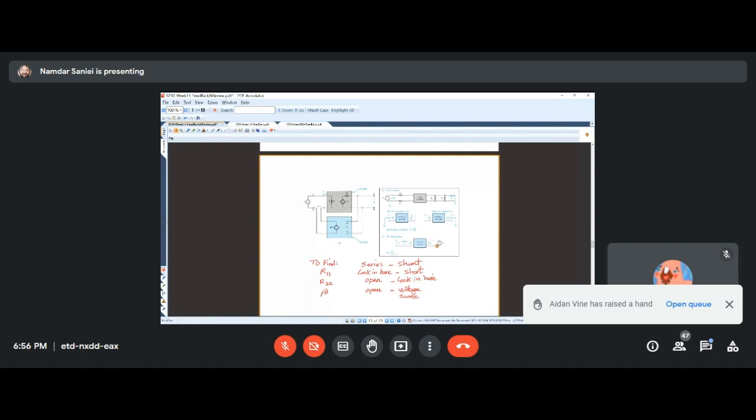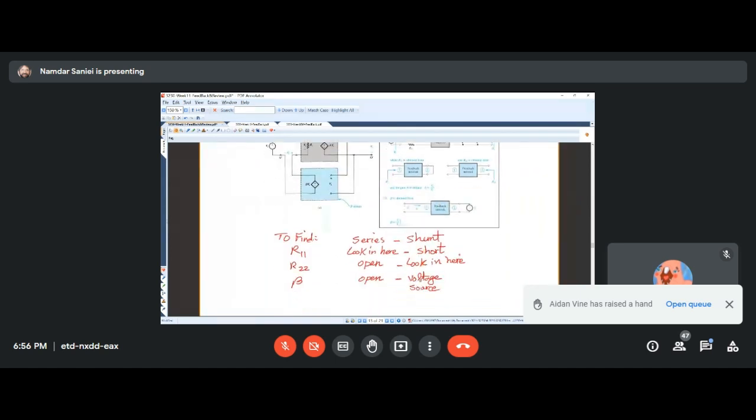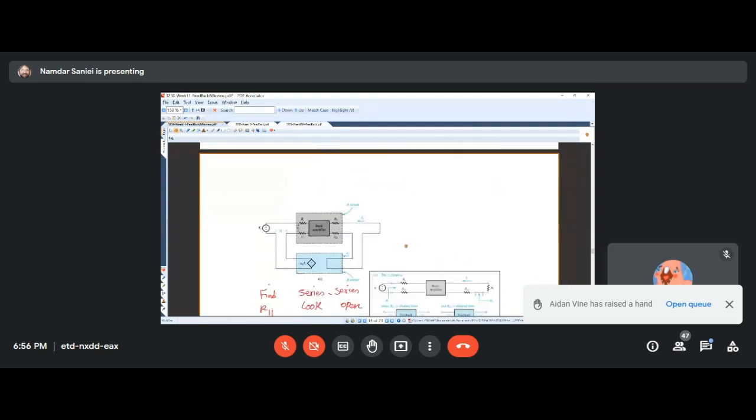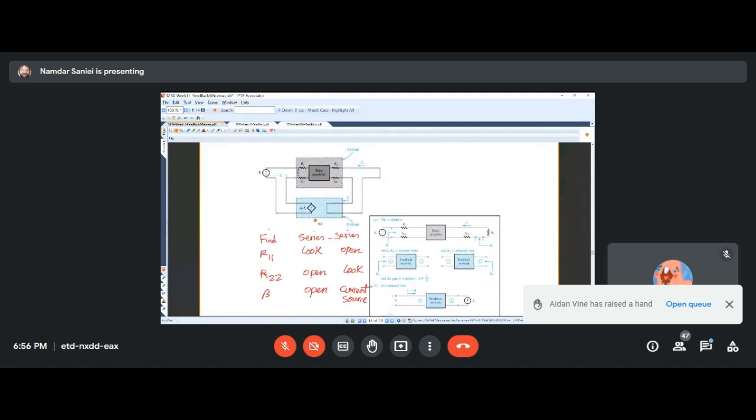So we need to consider a voltage source, and the VF over that voltage source over the output voltage will give us the beta. So you can apply this understanding to all of these different topologies.